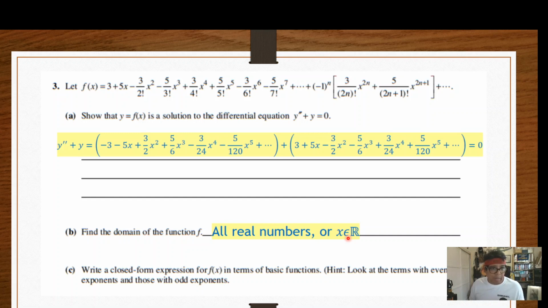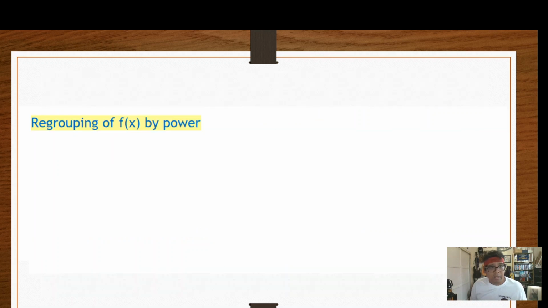Lastly, write a closed form expression for f of x in terms of basic functions. And basic functions mean functions that you've met already, nothing crazy esoteric. So here's what we're going to do. We're going to regroup f of x by their powers.